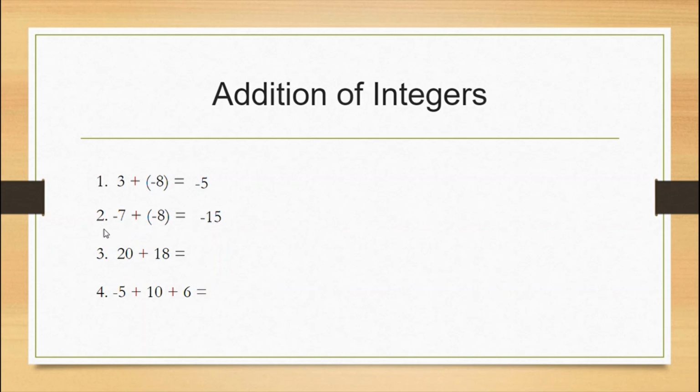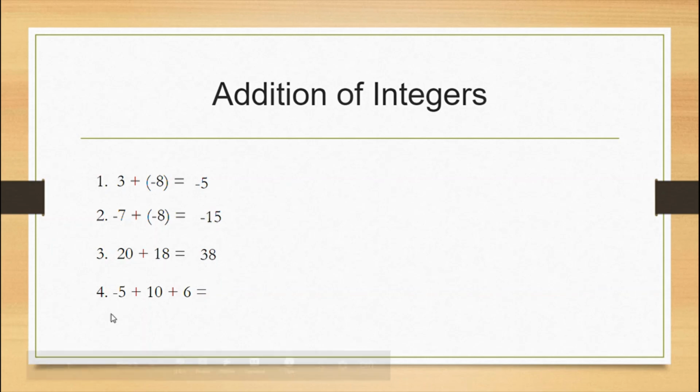Okay, so same sign, add and copy their sign. Number 3, 20 plus 18. 20 here is positive 20. This one is positive 18. Same sign, because they have the same sign, add. So 20 plus 18, it's 38, and copy their sign.